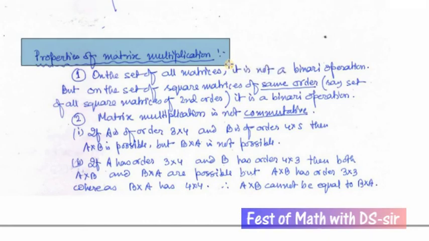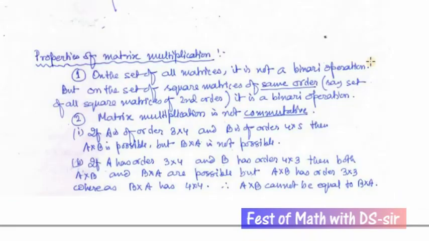Now comes the properties of matrix multiplication. Since the number of columns of the left-hand matrix must be equal to the number of rows of the right-hand matrix, any two matrices cannot be multiplied. So on the set of matrices, the matrix product is not a binary operation.